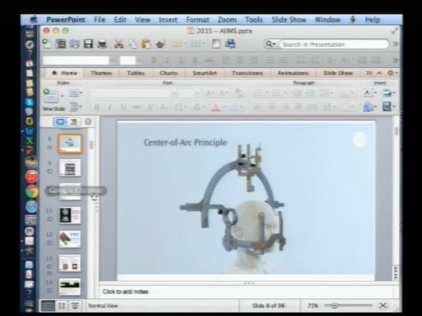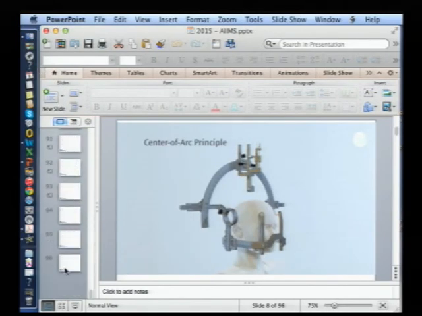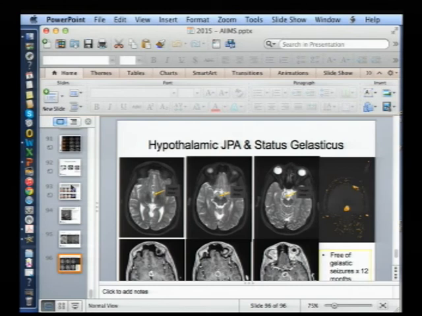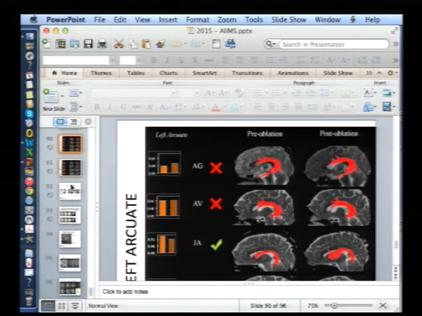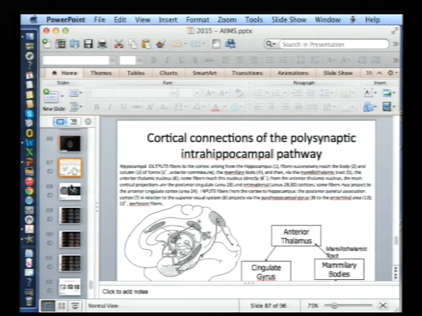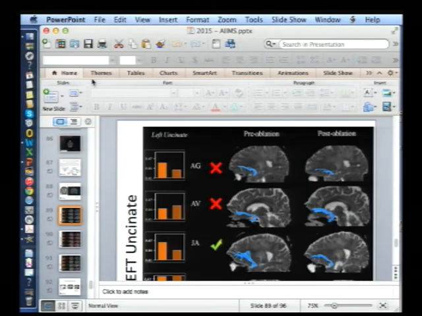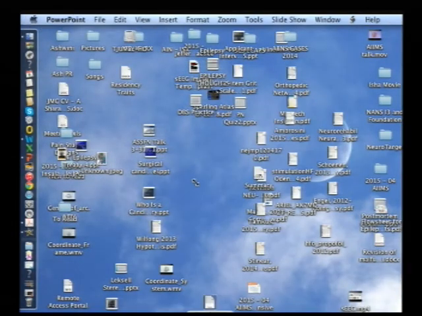So this was the first case that has been done with tractography. I'm sorry, I didn't actually put it in there. Okay, I have it in another talk. But this was the first case that was done with tractography, and I can't even see my desktop now. It's a mess.